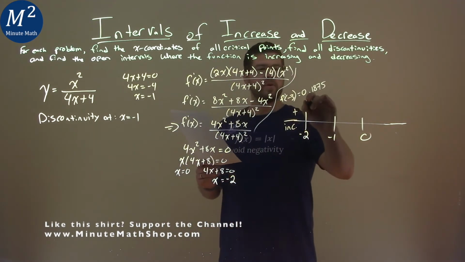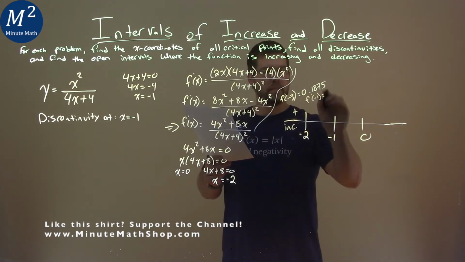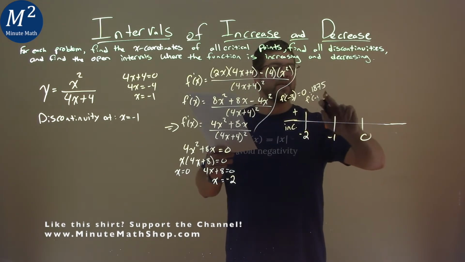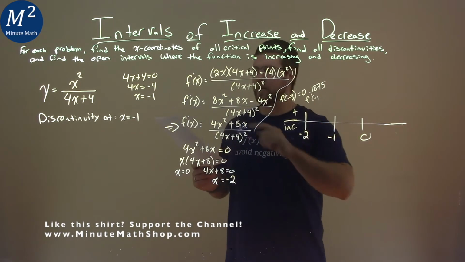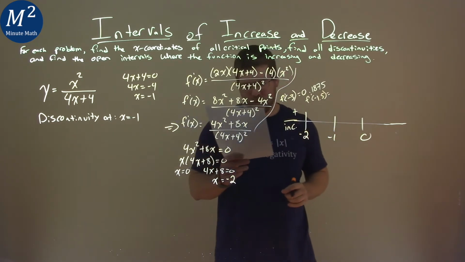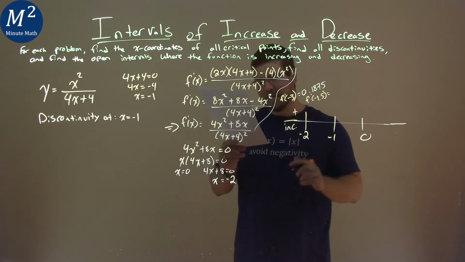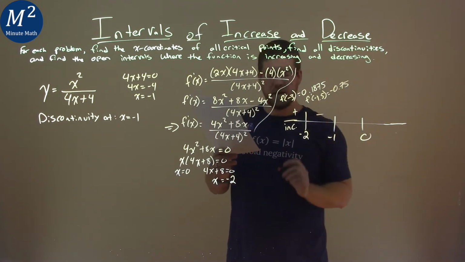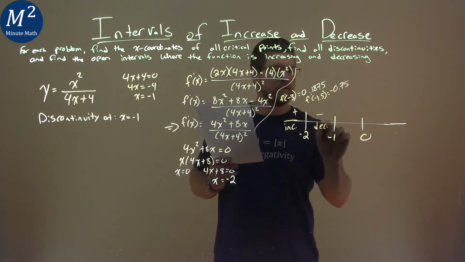Same thing, plug into our derivative, f prime of -1.5 is -0.75. See, we can't actually pick the critical value or the discontinuity here. We want to pick something in between. Again, we just care about the negative. Negative right there, we're decreasing.